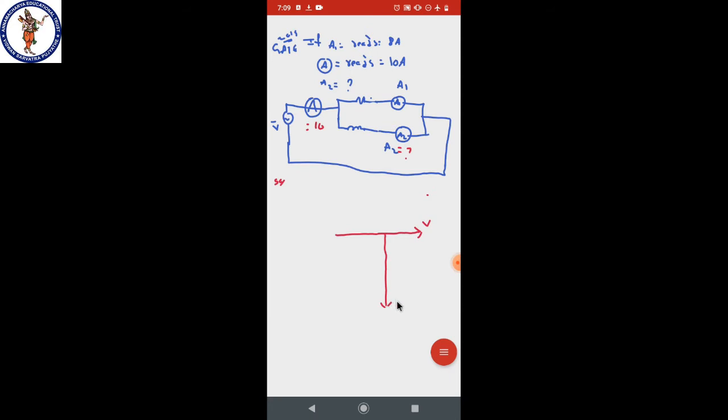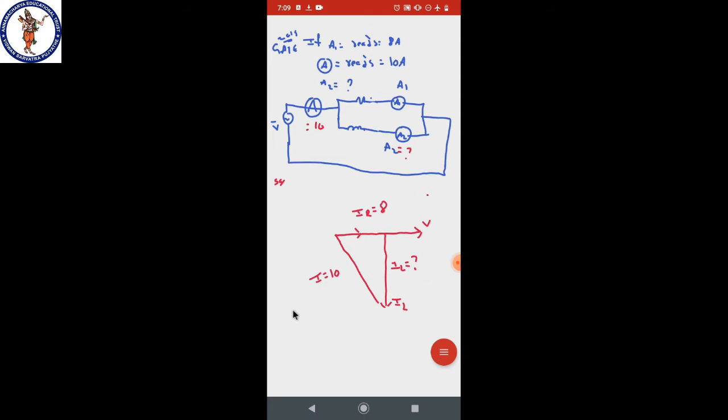This is the inductive current IL, and this will be the total current I. I know that this is IR, and IR will be 8 amperes. IL I don't know, it is the question. I already know that I will be 10 amperes. Now I find out the inductive current.